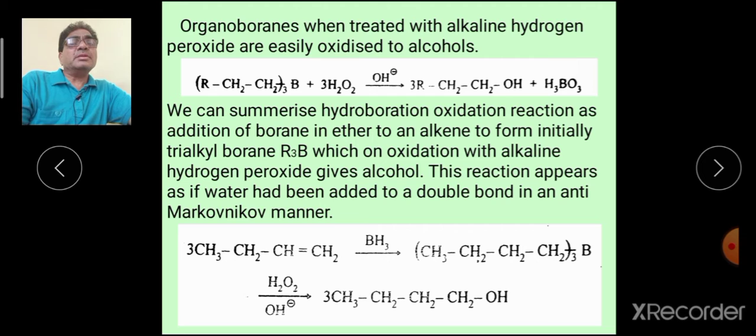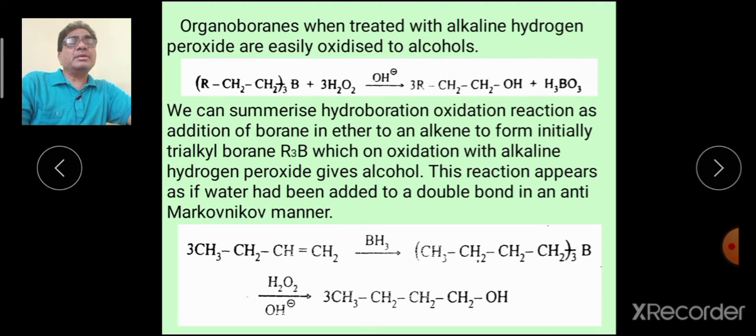Now, these organoboranes, when treated with alkaline hydrogen peroxide, are easily oxidized to alcohols. This is the final product on treatment with peroxide. The alcohol is obtained.